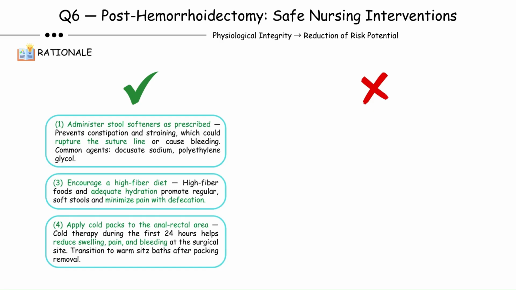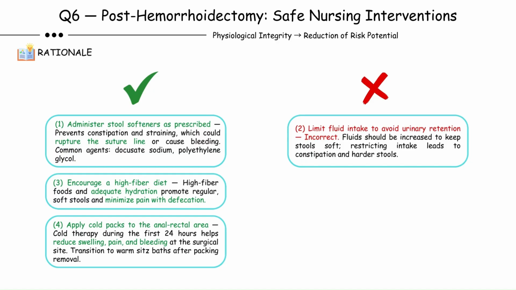Cold packs applied to the anorectal area in the first 24 hours help reduce swelling, pain, and bleeding. Later, once packing is removed and the surgeon approves, care often transitions to warm sitz baths to promote circulation and comfort. Now let's see why the remaining options are not appropriate.